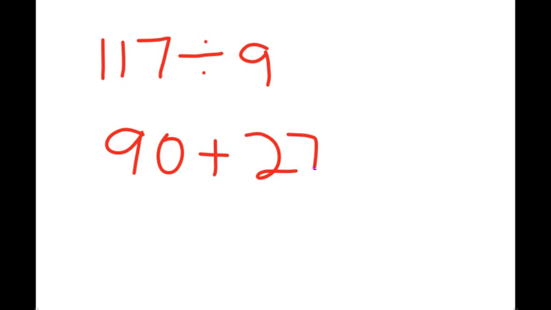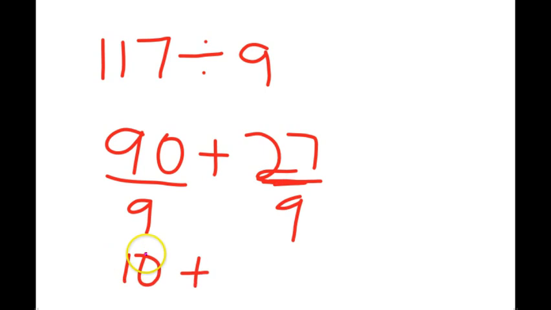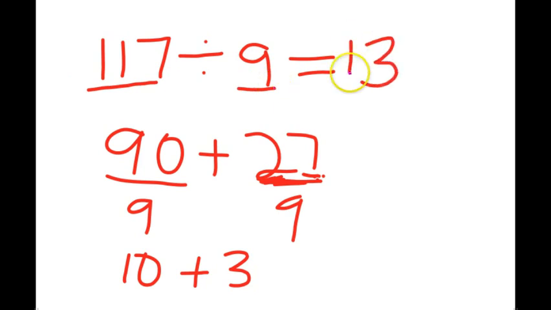And numbers that are divisible by 9 in terms of tens are very cool, because if I divide 90 by 9, I'm going to have 10. And of course, 27, because the digits add up to give 9, I only add 1 to the 2 and see that 27 divided by 9 is 3. So I get this. And for that matter, 117 divided by 9 is 13. And that is a very cool deal.